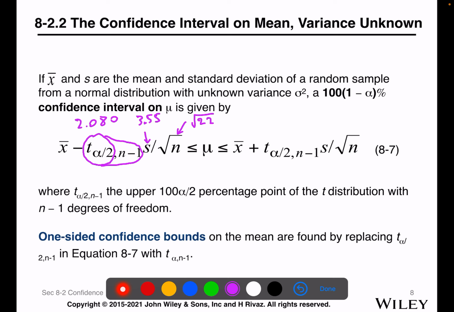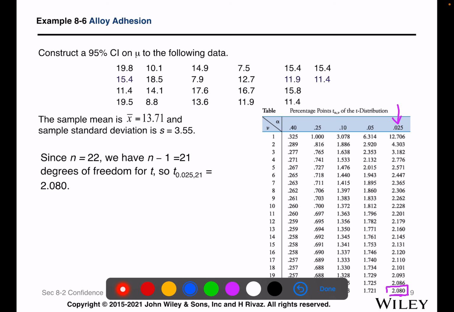We had 22 samples, we calculated S from the data, and for T of alpha divided by 2 and n minus 1, we have to look at the table. We have to look at row n minus 1, and then alpha was 0.05, so alpha divided by 2 is 0.025. So the number is this number.